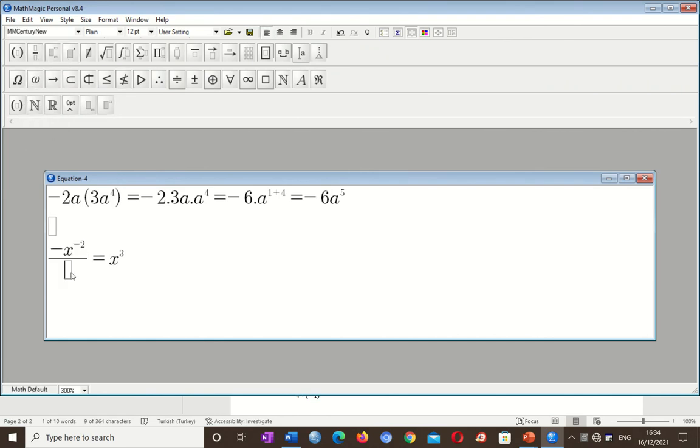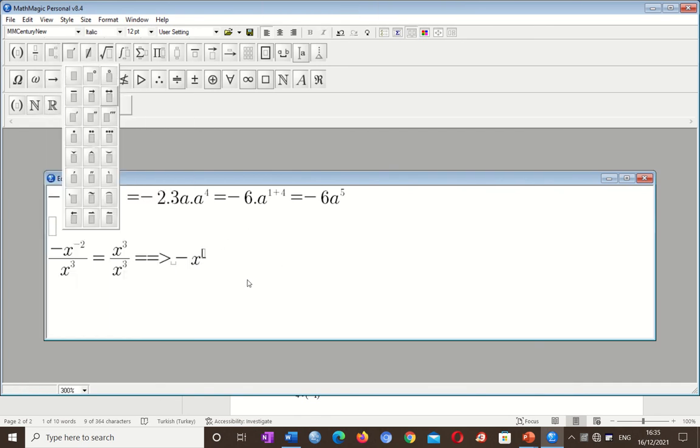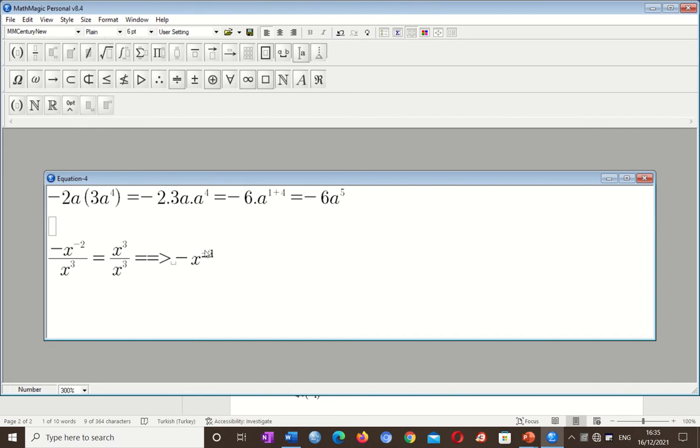This side, x to the power 3, and I am going to divide this part by x to the power 3. Now what I have here, I see that this is 1. Now this part, minus x to the power, this is minus 2, minus 3. Be careful here.